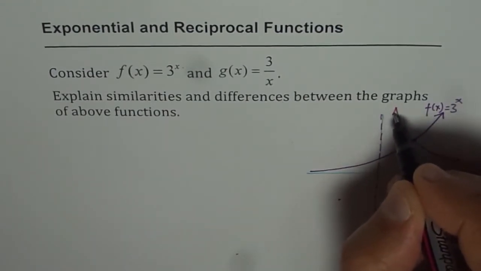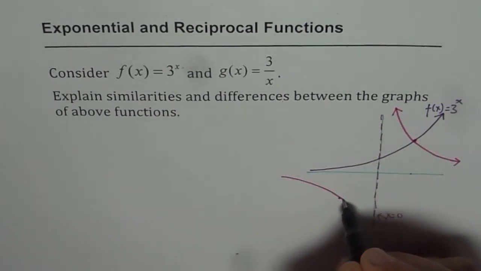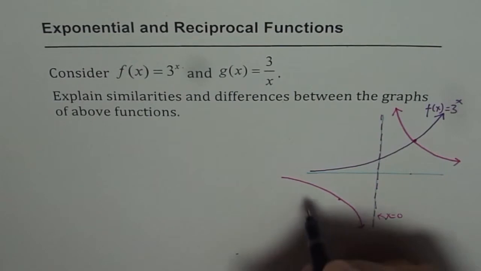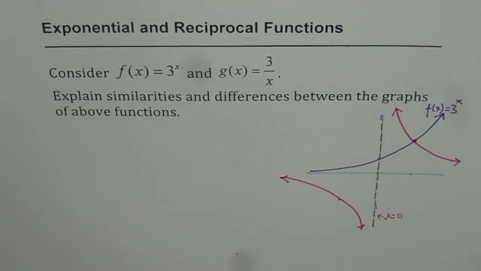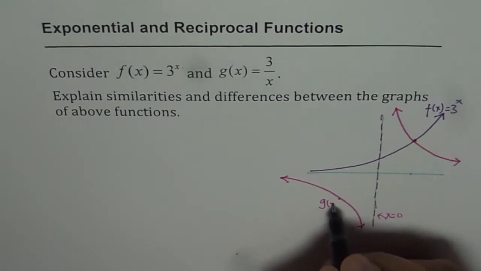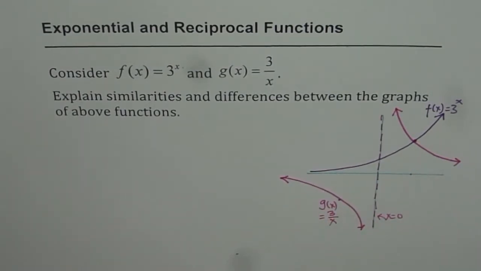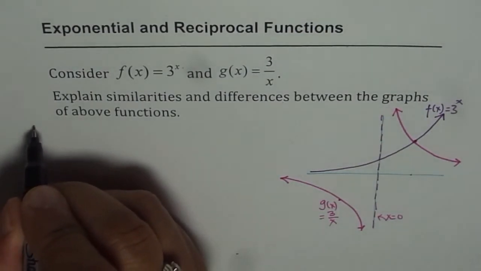So that is 3 over x, and here it will be kind of like this. So this is the graph g of x equals 3 over x, which is in red. Now what similarities do you see between the two? Let's list. So what do you think are the similarities?